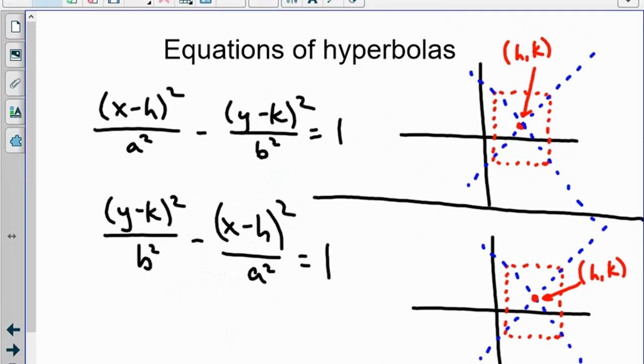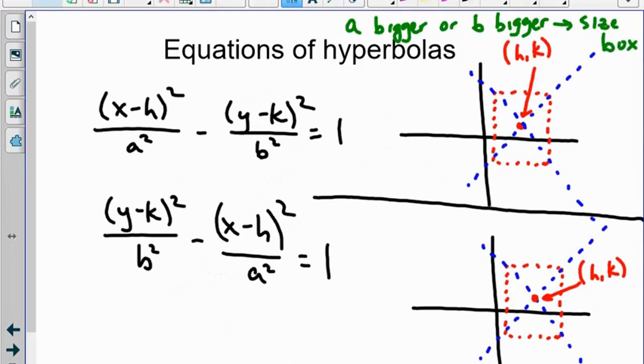So that is important. If a is bigger, or if b is bigger, all that does is change the size of the box. So if a is bigger, that means that the box would be longer in the x direction.